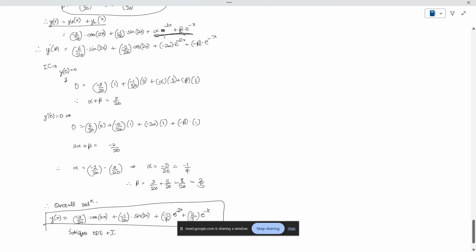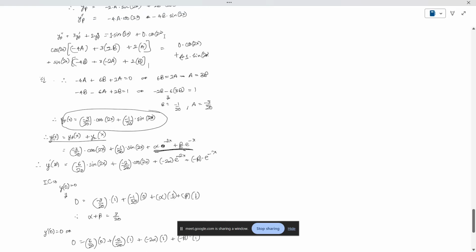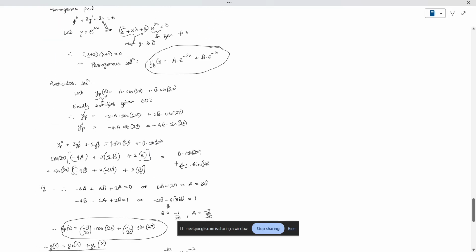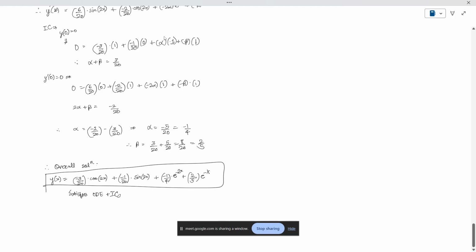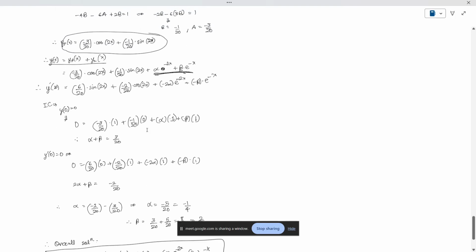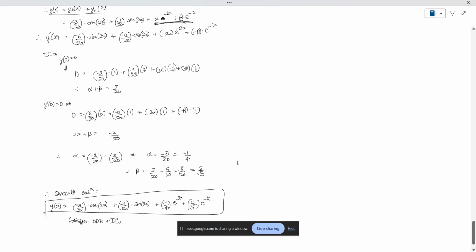Right. So this is how the analytical approach to the problem would look, and as you can see, there are a lot of steps here. We have easily written around 25-30 lines, and that too I have taken some shortcuts. If you want to solve the same problem in Python, remember that this is no longer a first order ODE for which we have used the odeint function, the ODE integration function in Python.